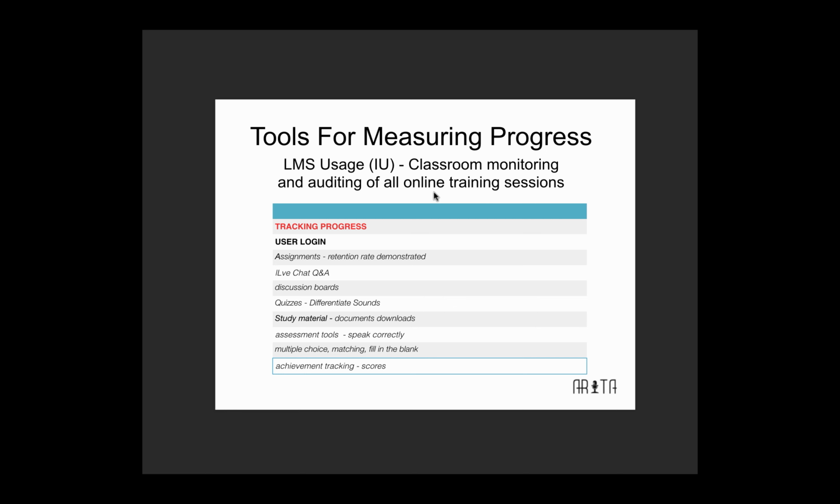We are able to monitor classroom activity through our internal reports, so we can see where you're having trouble, how long you're on a particular assignment, and the grade that you received. If the grade is above a certain level, you'll be able to move on. If not, you'll be asked to try again.